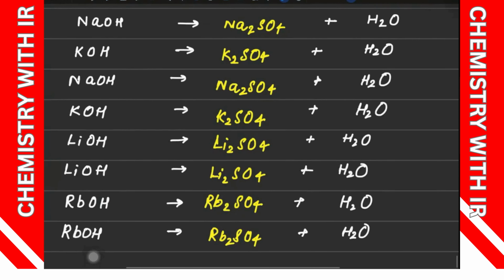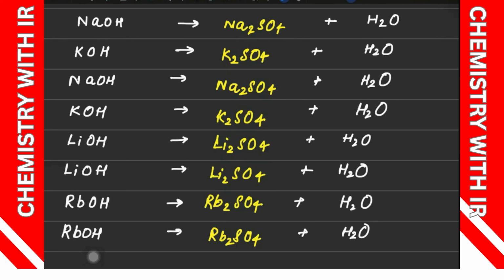Can you tell me why I'm going to write 2 here? Group 2 metals? No, sodium is in group 1. Is it because we're balancing it?